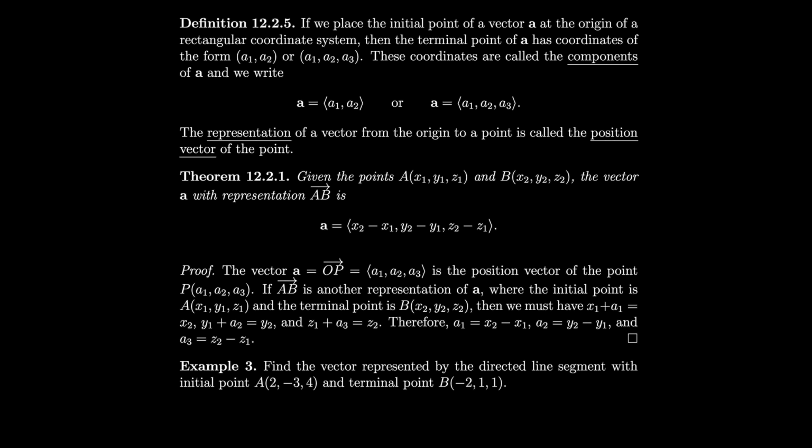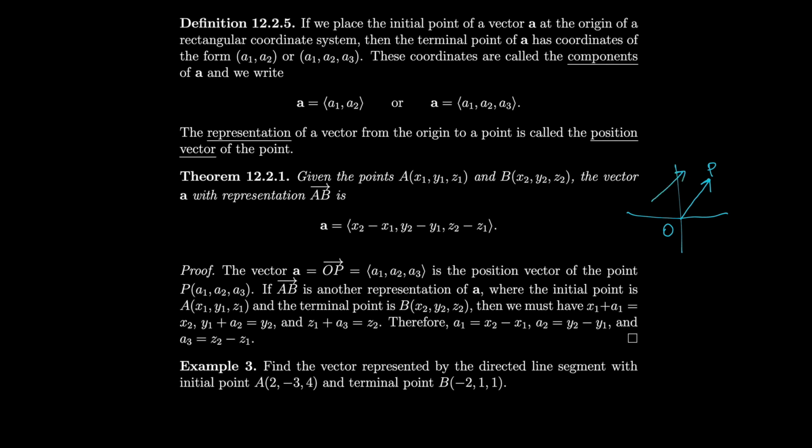What we're basically saying is we've got some point in space, and there's a position vector that goes to it. And then we're saying that there's another representation of the same vector, let's say floating around over here.